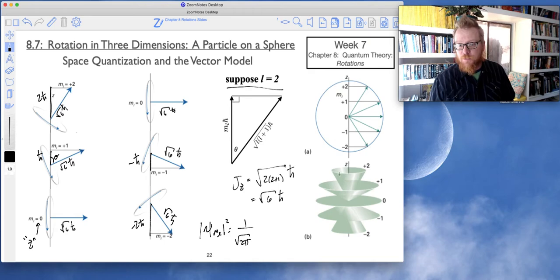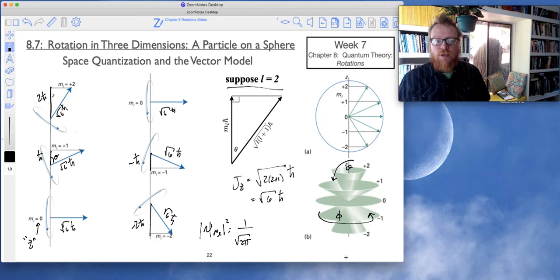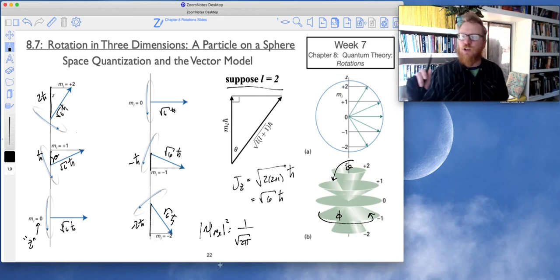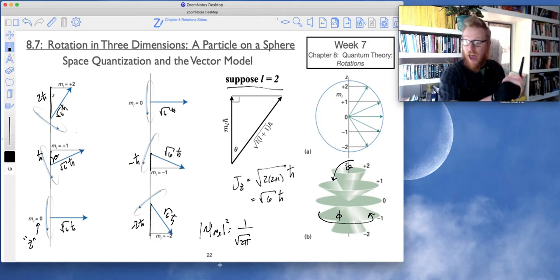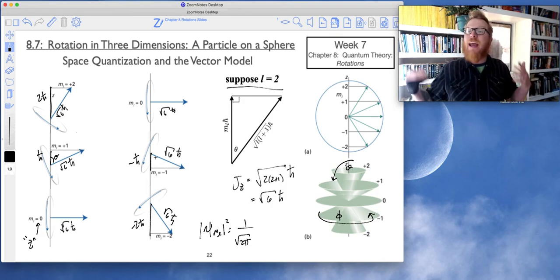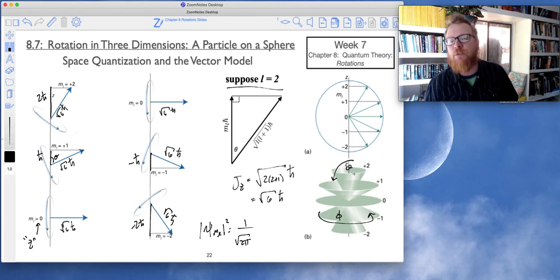Okay, so when we look at this picture over here, remember, out this way is theta, and this way is phi. So the fact that our wave function has no phi dependence means it's spread out over all angles of phi. So what we get from this space quantization are these projected cones, okay?